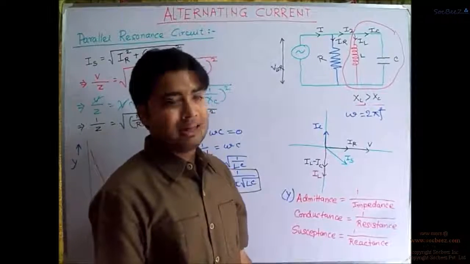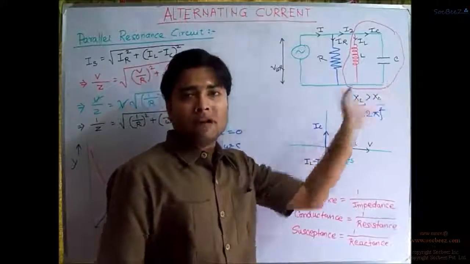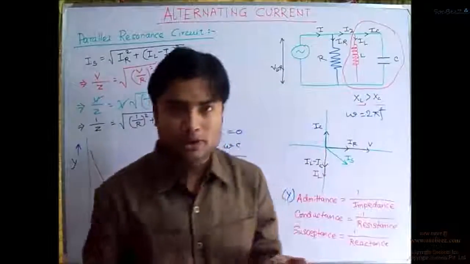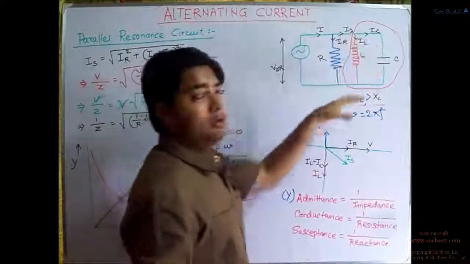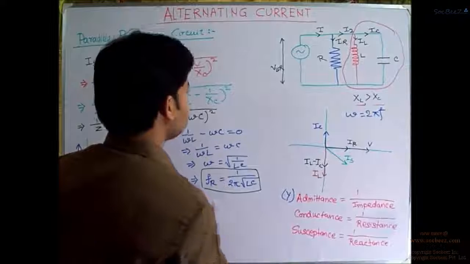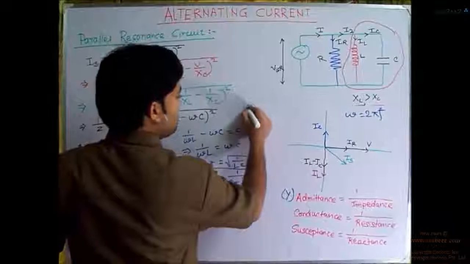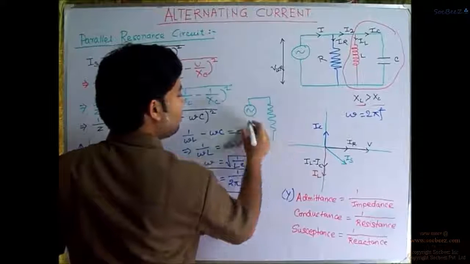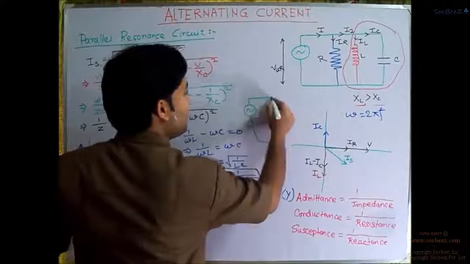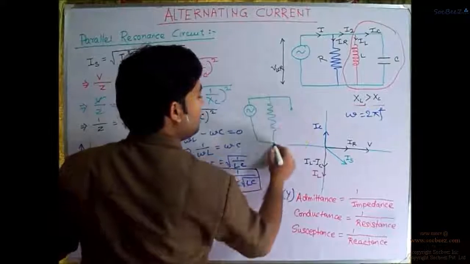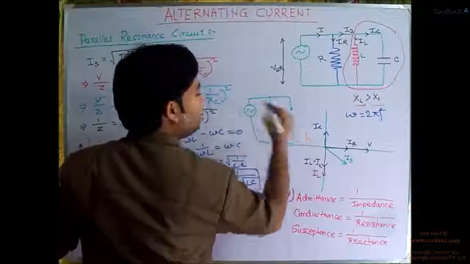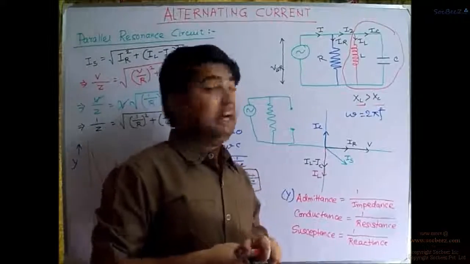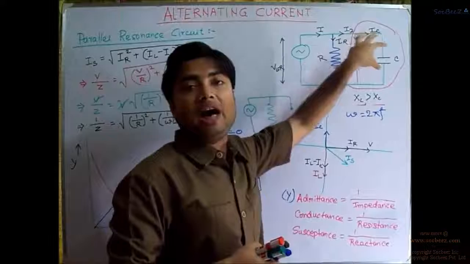Which means that at the resonance frequency, no current is going to pass through it. So we could make an equivalent circuit as: this is the power supply, this is the resistance, and over here, no matter how much current you provide, it will act as an infinite resistance.